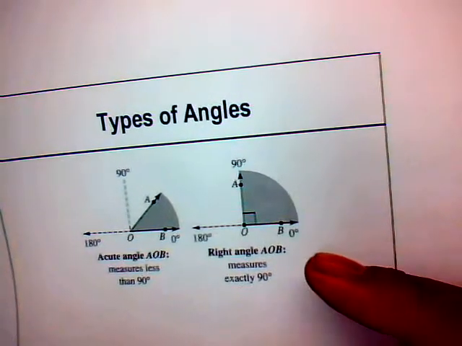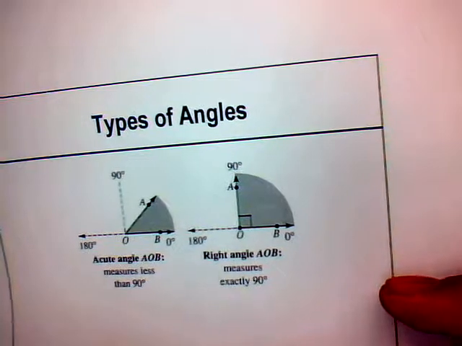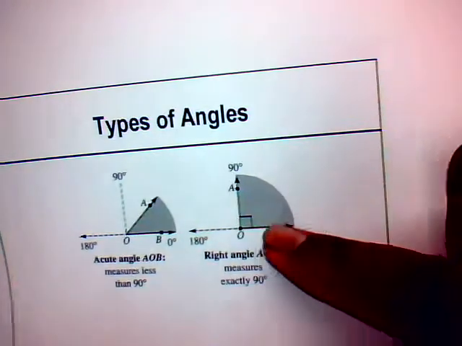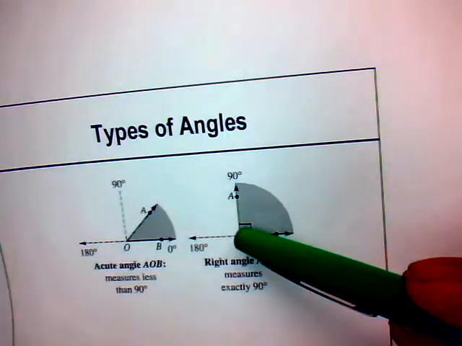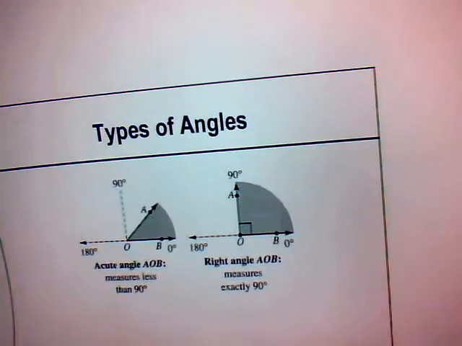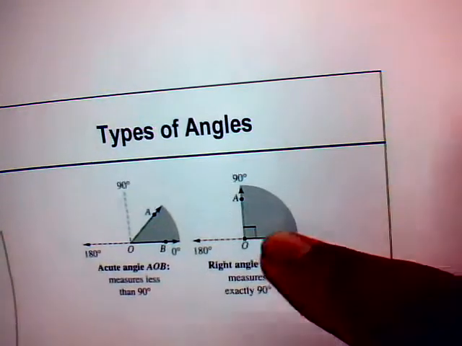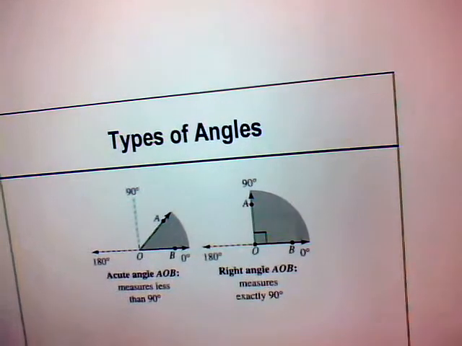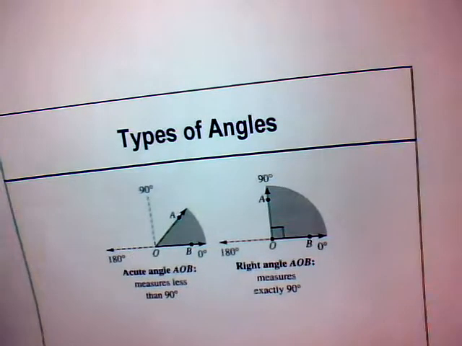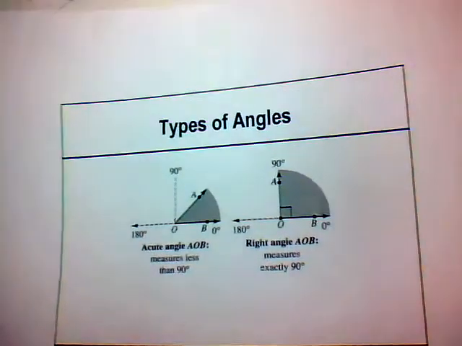And then a right angle has a measure of exactly 90 degrees. So here angle AOB is a right angle. And you can tell it's a right angle because of the box that is at the vertex of that angle. That small box tells me that that angle is a right angle, and it has a measure of exactly 90 degrees.